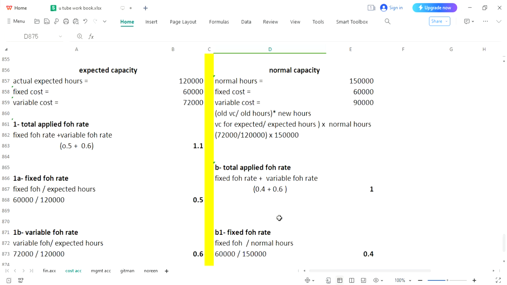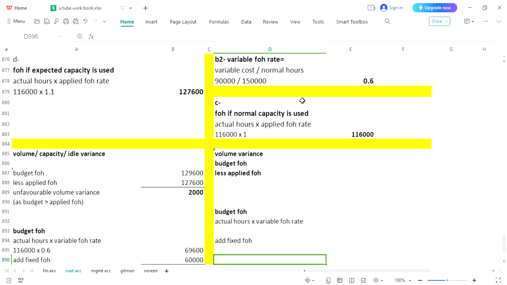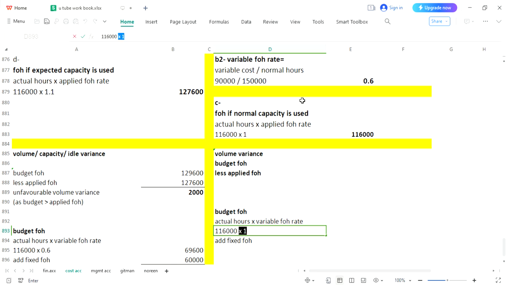Okay, come over here. Normal actual hours we need, and that is 1,16,000. You can see over here. So 116,000, and that would be multiplied by variable FH rate. Here for normal capacity, variable FH rate was calculated as 0.6.